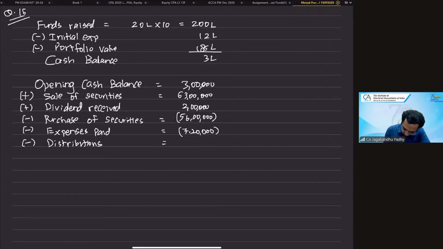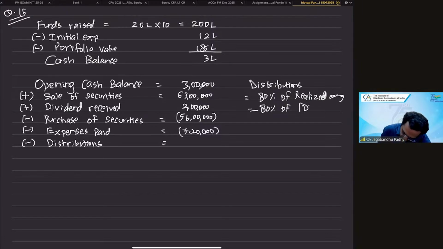Of realized earnings. So tell me the earnings. Dividend is 2 lakhs. Capital gain is also there, right? 3 lakhs. Distributions is 80% of realized earnings, so it is 80% of dividend plus capital gain.